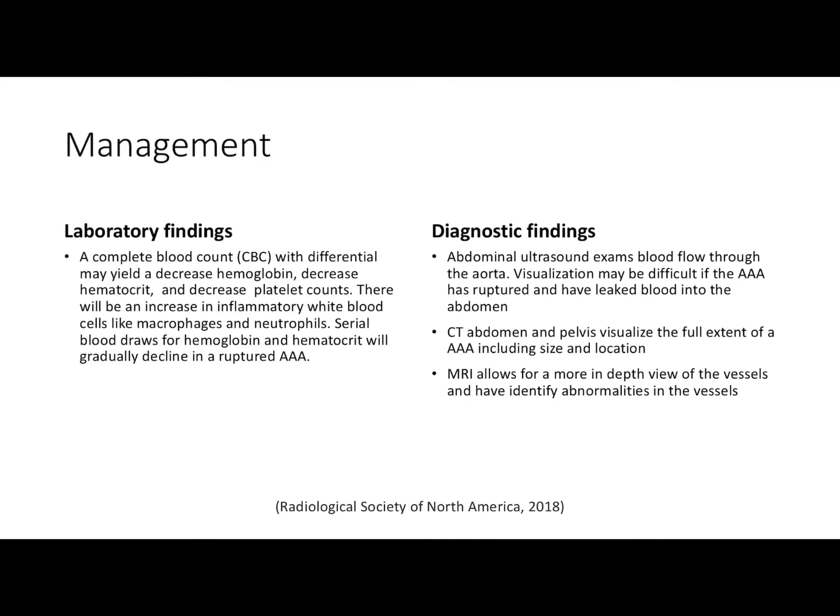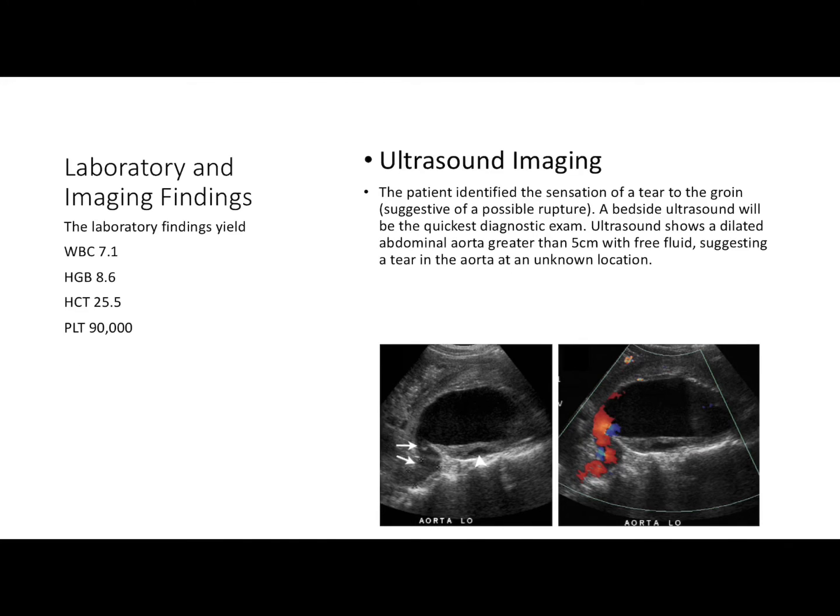Visualization may be difficult if the AAA has ruptured and the patient has blood leakage in his abdomen. The CT of the abdomen and pelvis will visualize the full extent of the AAA, including size and location, and an MRI will allow for a more in-depth view of the vessels and identify abnormalities in the vessels that can lead to the formation of a AAA.